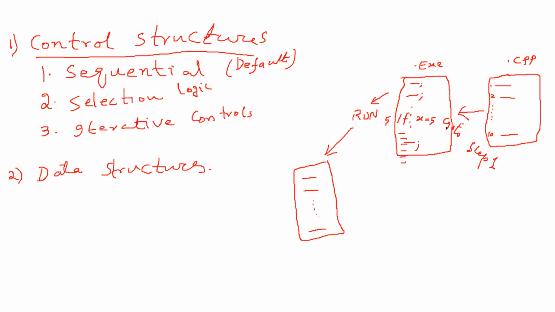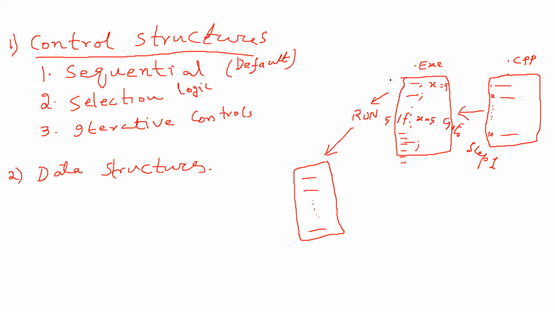So these are the two logics covered till now, selection logic and sequential logic. The third logic is called iterative control. Iterative control is a repeated control. You can see the repeated control here as well. If the value of x is 5, then it will come here, and then the next step, yes, x is 5, go to step number 1.